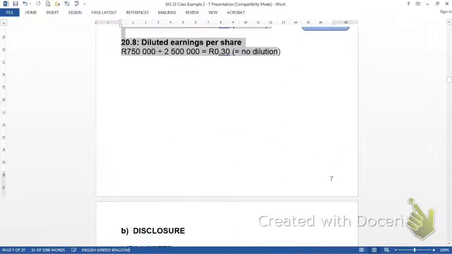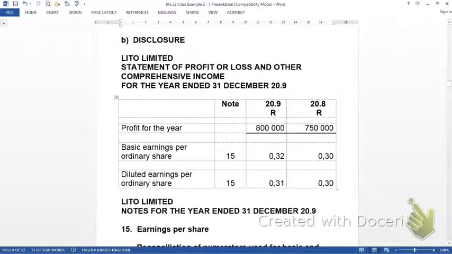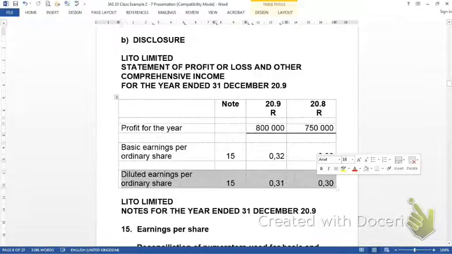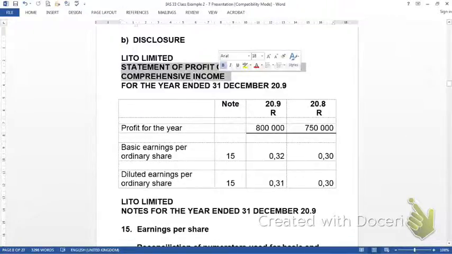And then finally, we must go and do the disclosure. Remember that there are various disclosures that you have to do. Firstly, you have to disclose the basic earnings per share as well as the diluted earnings per share for the year and the comparatives below the statement of profit or loss and other comprehensive income.